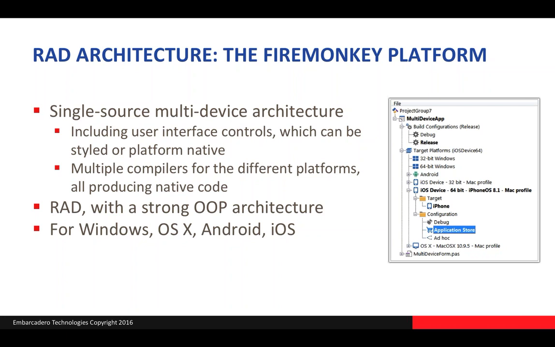So for example, if you want to reach the camera, you use the component that talks to the camera. The object-oriented design underneath is then making sure that on iOS it's talking to the iOS camera, on Android it's talking to the Android camera, and so on. And that's all managed through a strong set of interfaces. It's an exceptionally strong OOP architecture, which makes development very, very easy because we can literally write it once and it'll just get out there.